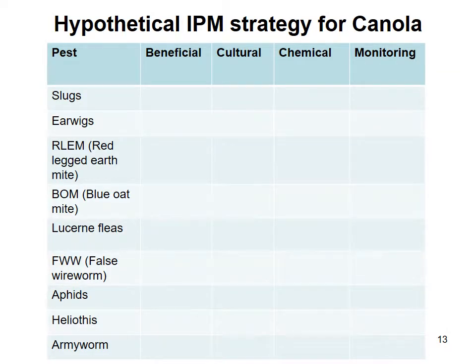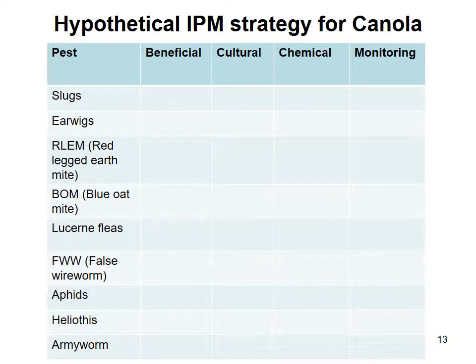So let's start with column 1, and this involves listing the identified pests in order. So major pests first, followed by the minor or infrequent pests. And this approach allows us to see the most serious pest problem and where most of the effort should be directed. It also allows us to see the seriousness of applying harsh insecticides for minor pests.